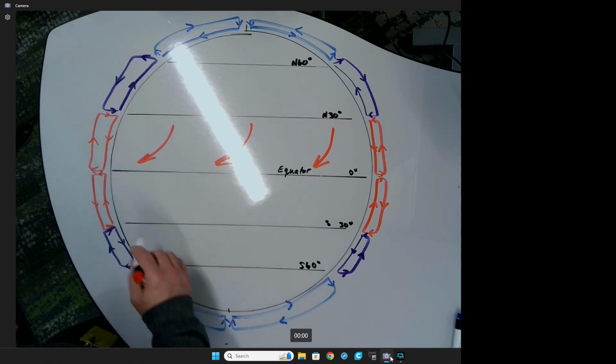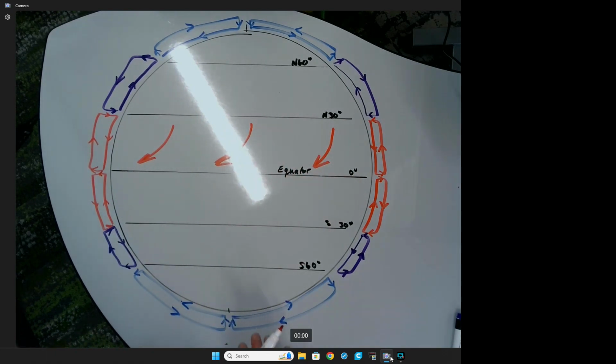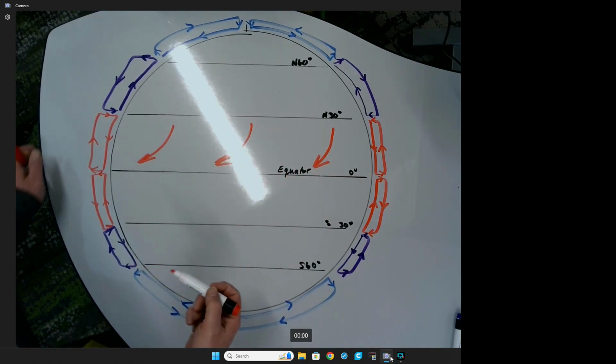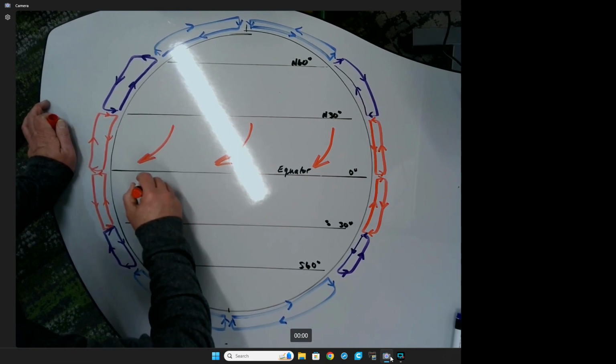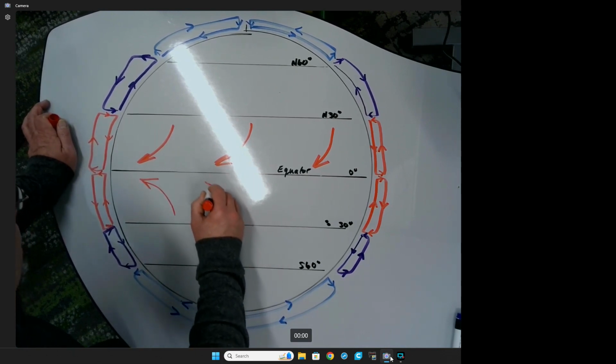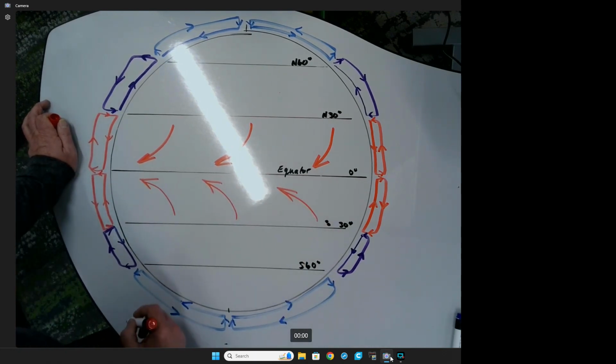It doesn't matter how many arrows you put, but I'm going to suggest you do 3 so this doesn't become overly cluttered. Again, we have that symmetry we keep talking about. These winds will be going this way.